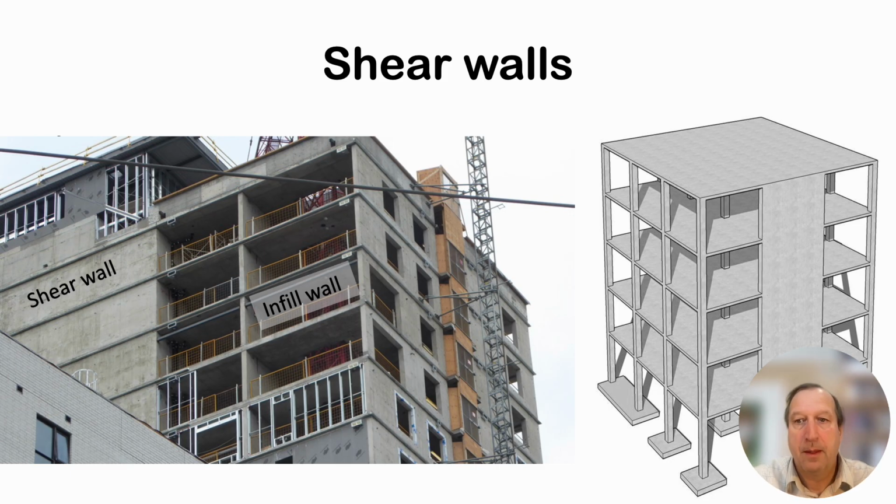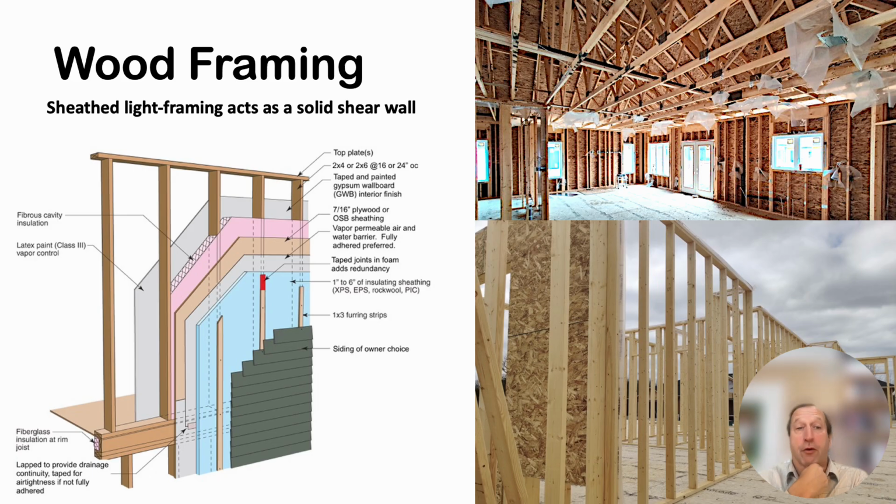Now, wood framing, which should be properly called light wood framing, that means the framing elements are relatively small and spaced relatively close together. In our current codes, close together is about 610 millimeters or less, and we routinely do it at 400 millimeters.